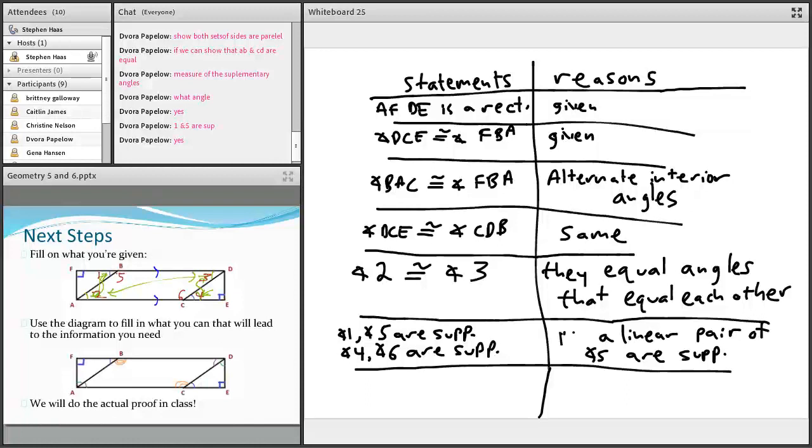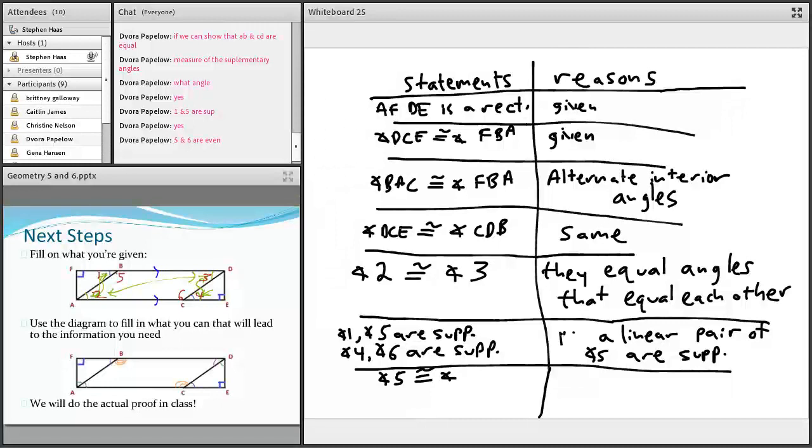If angle 5 and angle 1 are supplementary, and 4 and 6 are supplementary, and 4 and 1 are equal. Okay, so can I then say angle 5 congruent, which is the same thing as equal, to angle 6?